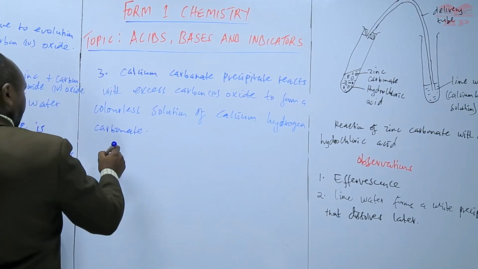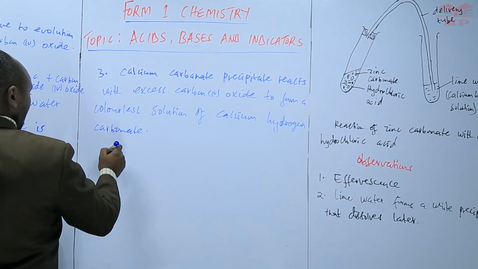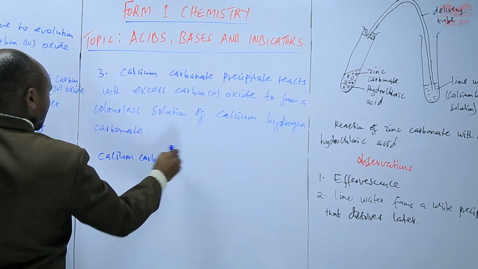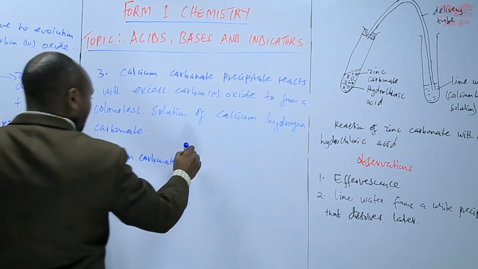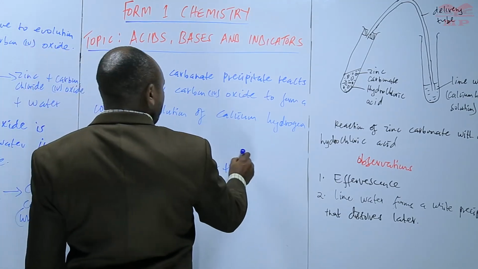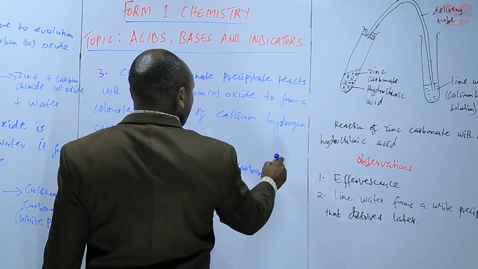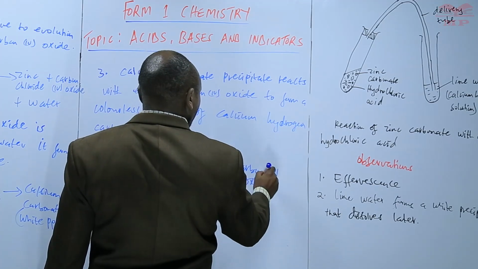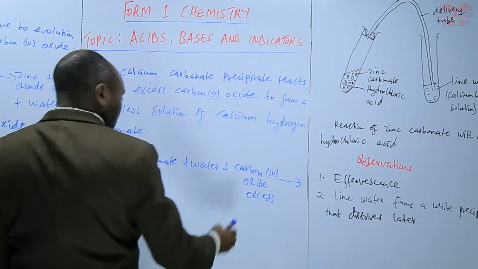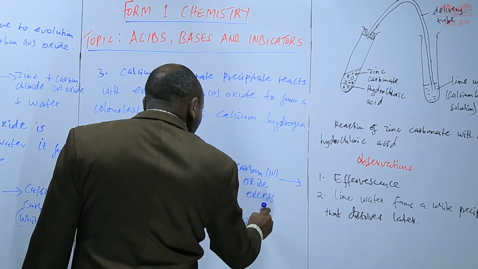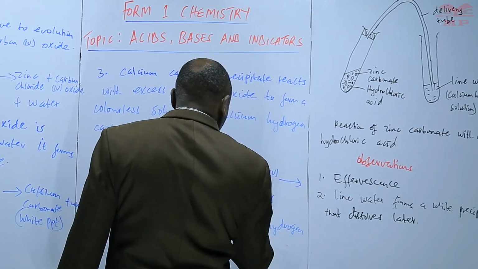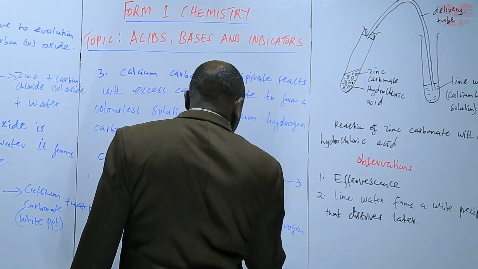So we have this calcium carbonate plus water, those were the products. Then you add excess carbon 4 oxide. This is now the excess. So we form calcium hydrogen carbonate, which is colorless.